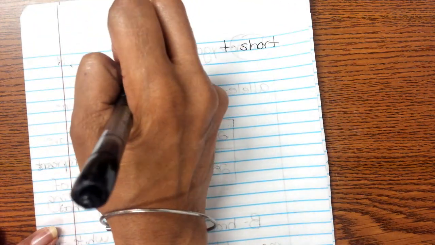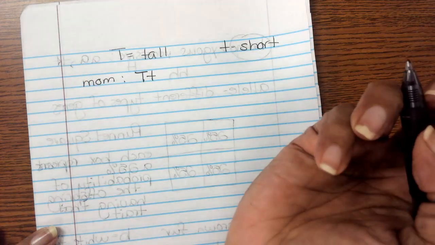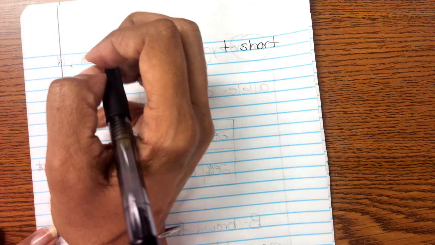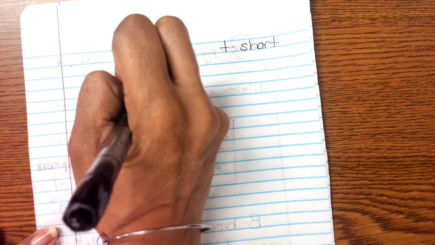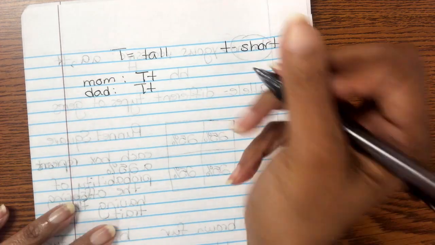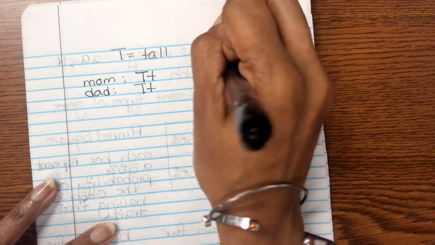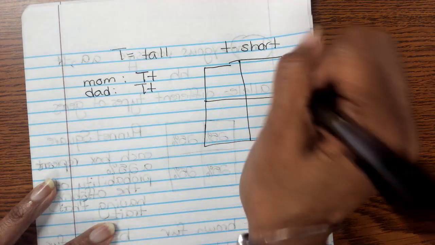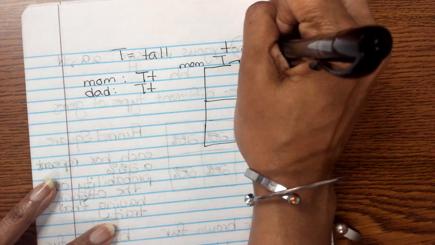So if she's heterozygous for tall, she's going to be big T, little t. And let's say dad is also heterozygous dominant. So he's also going to be big T, little t. So we're going to put this into the Punnett square, and we're going to put mom across the top, big T, little t.